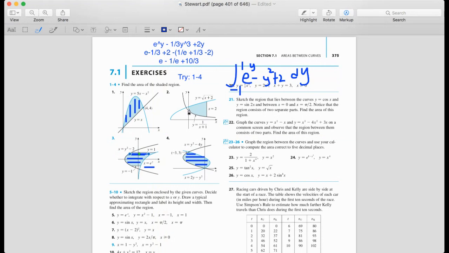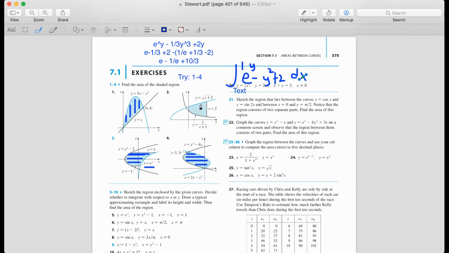So 2, let's see. We have x, you see here, because this region, the x is from 0 to 2. So right away we get upper limit and lower limit. So lower limit is 0. And this one we see we can cut along the x-axis. Okay?